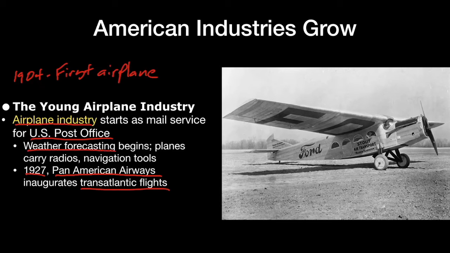Okay, we see them used for weather forecasting. Okay, they carry radios, navigation tools. So we're starting to really get this new, very fast way to get from point A to point B, even faster than cars, even faster than trains. So the airline industry naturally becomes very popular, obviously all the way up to this day.